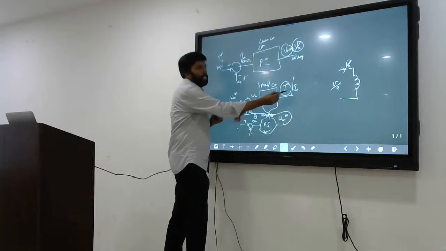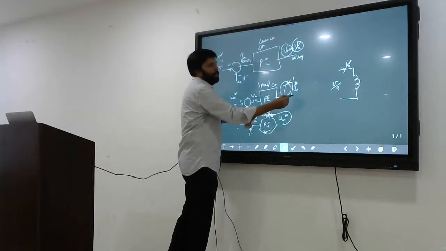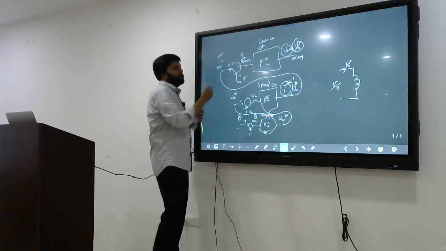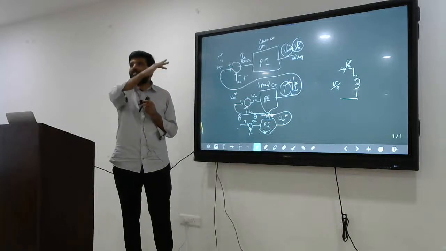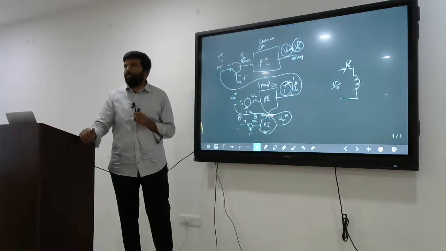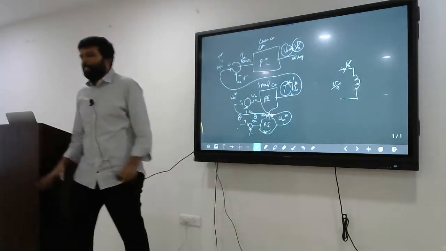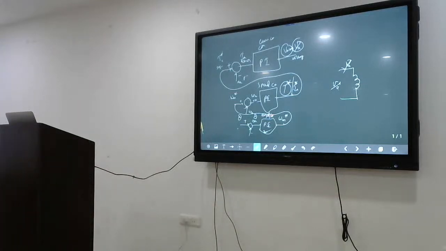Speed controller will decide what is the reference current you need to maintain. Clear? There is a link, an interlink. Now the question is, there are three controllers and inherently there is an interconnection. So out of these three controllers, which controller do you have to give top priority? Which controller should work very fast? Which controller's bandwidth should be more?